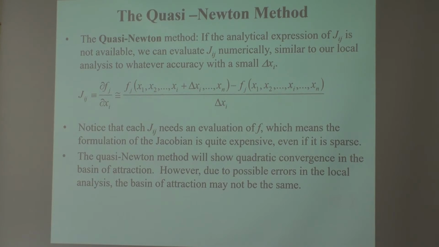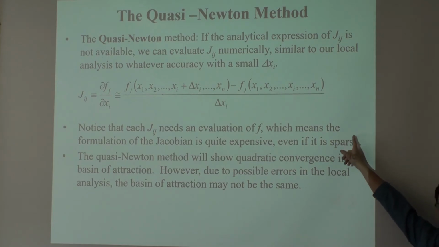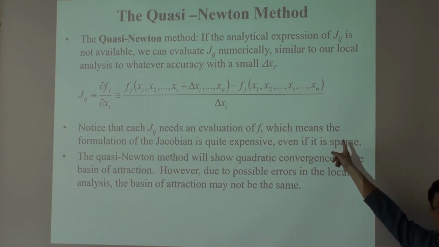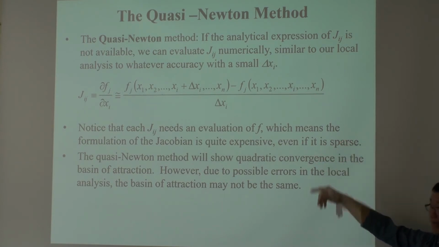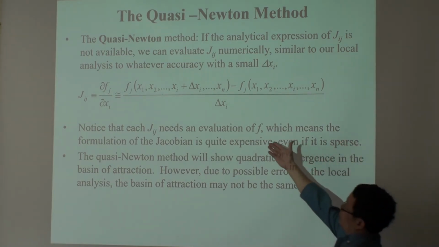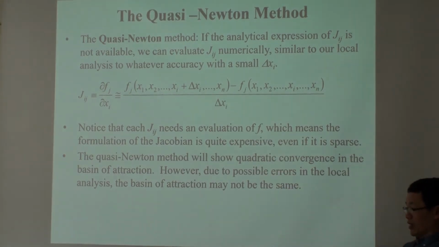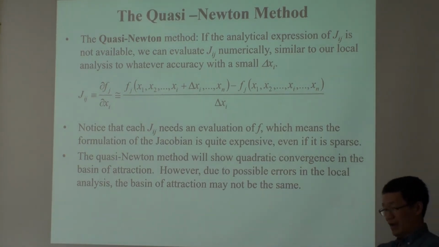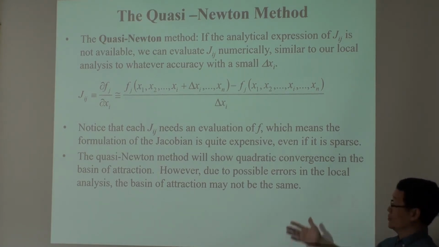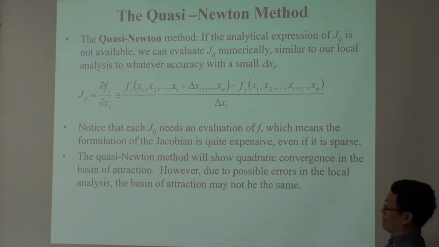But if you evaluate your slope or a partial derivative from the local analysis, these elements contain error. It's an estimate, it's a local analysis. It's only as good as your delta x. If you choose the delta x to be too large, you will have a truncation error. Choose it too small, you will have round-off errors. We've done that in your local analysis. So this is an estimate that contains error.